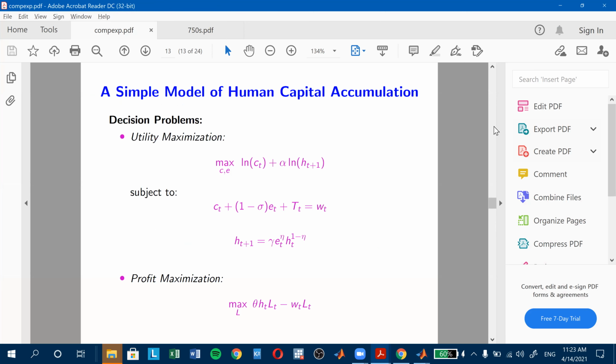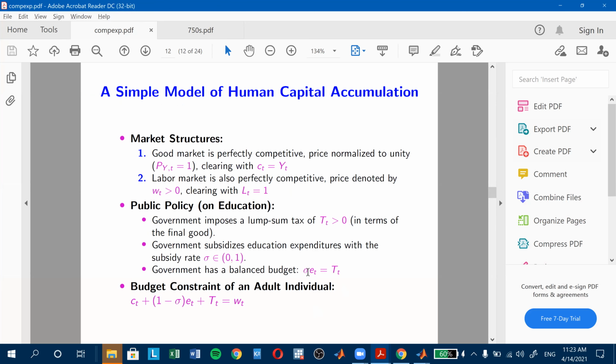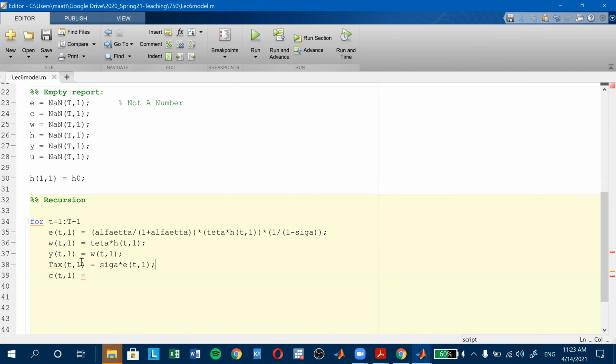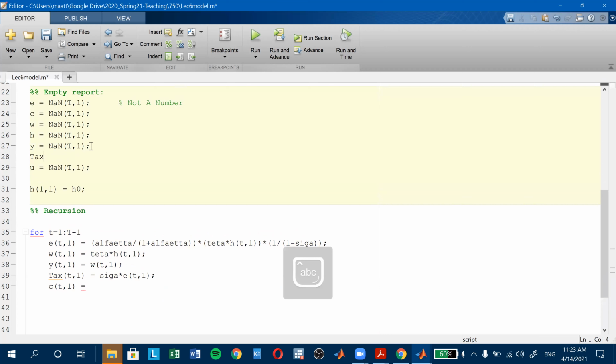Right here, the tax revenue of the government is equal to sigma times ET. So let's create the tax variable here as well. Tax is equal to sigma times ET. So I know the tax, I know the education spending. Now I can write consumption.